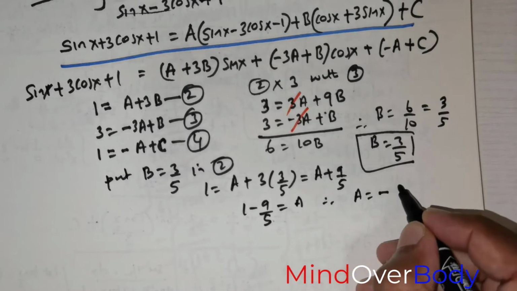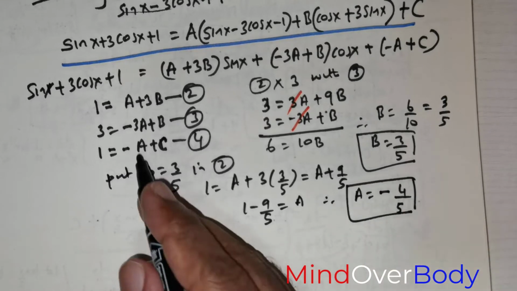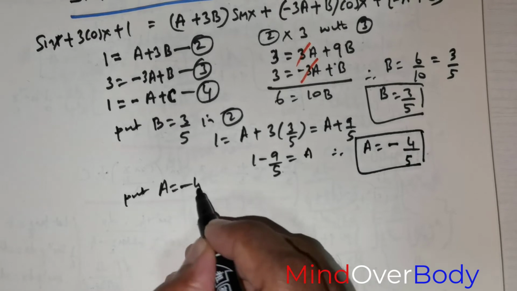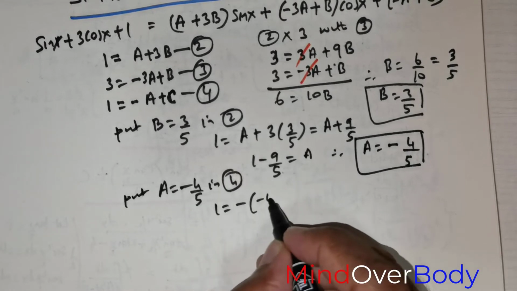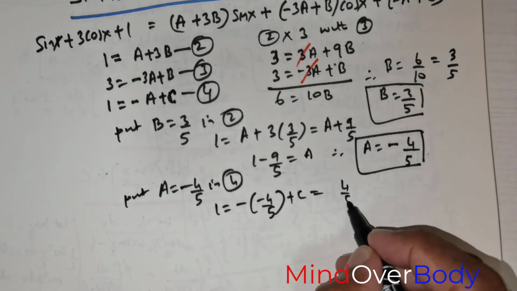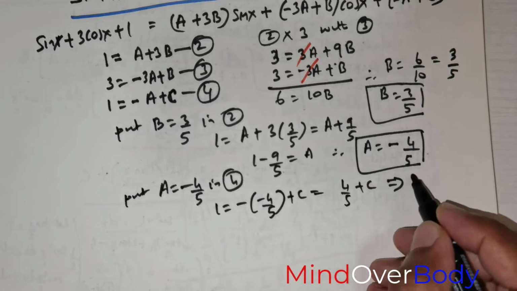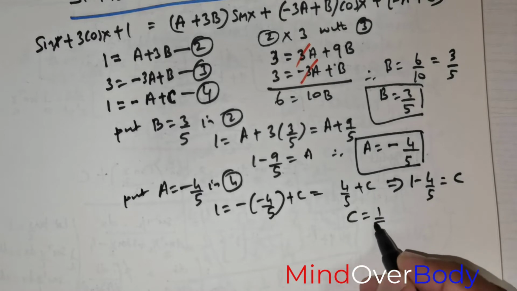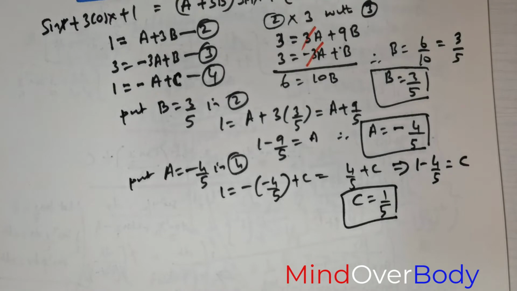Therefore a will be -4/5. The value of c is what? Put a = -4/5 in equation 4. So 1 = -(-4/5) + c. This is going to be 4/5 + c. Therefore 1 - 4/5 = c. So c is equal to 1/5. So I've got the values of a, b and c.